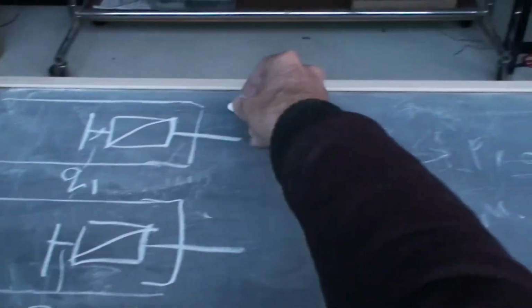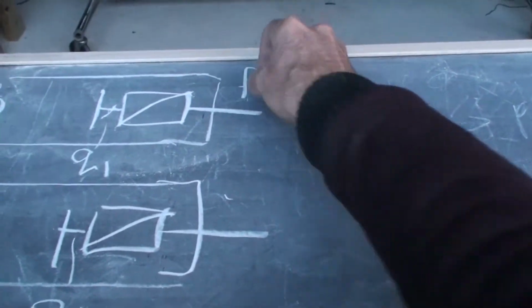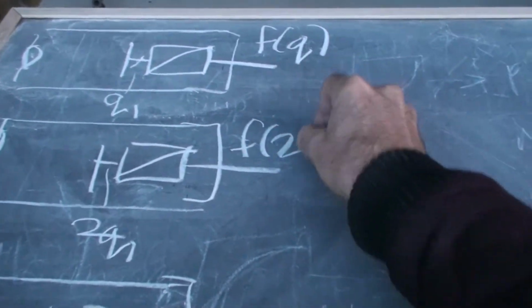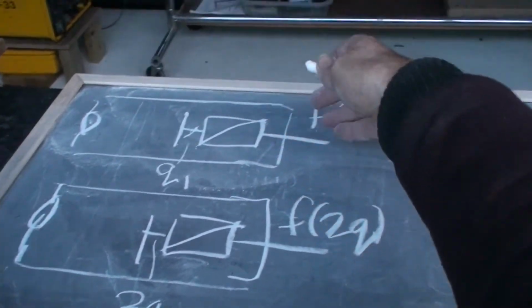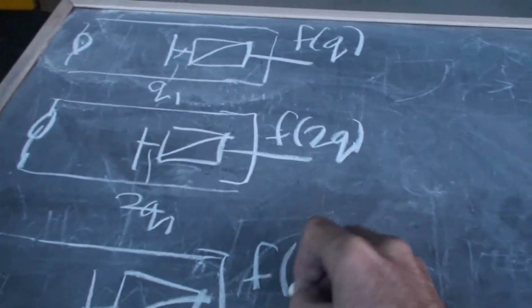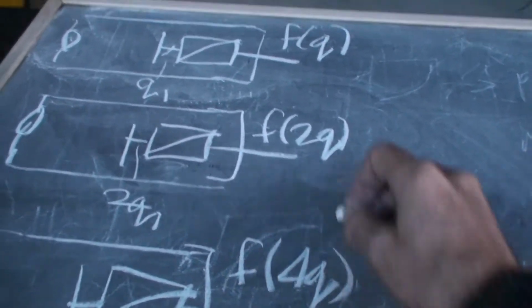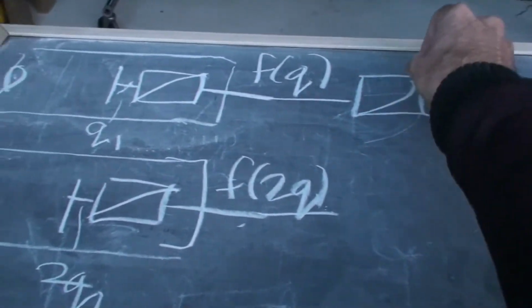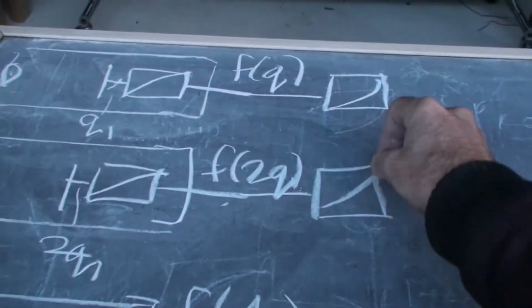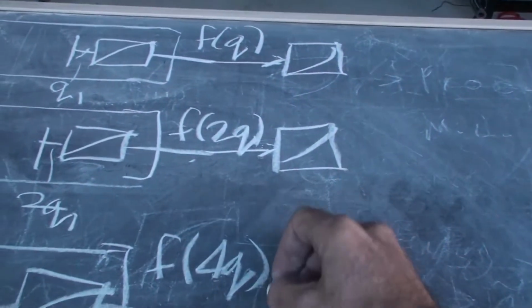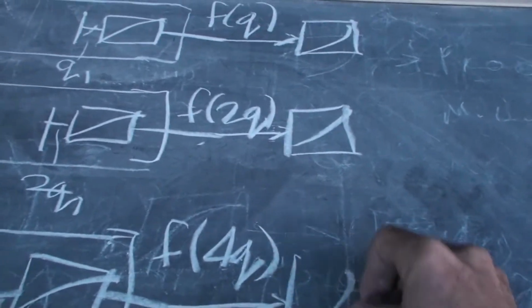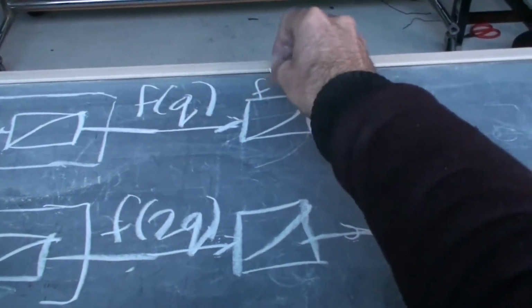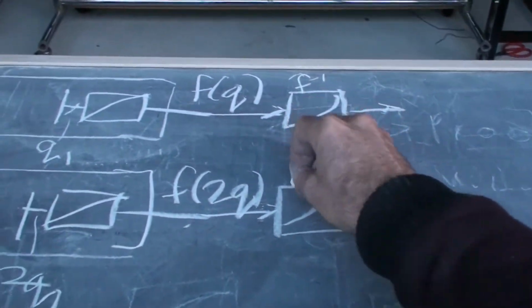And then out here I have this unknown response function. We've got f of q, and f of 2q, so we call that q1 or just q, and then f of 4q here. Now what we want to do is run these through an estimate of f inverse, which we'll call f hat inverse.